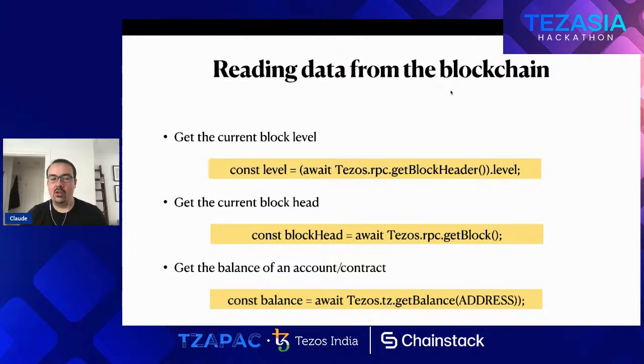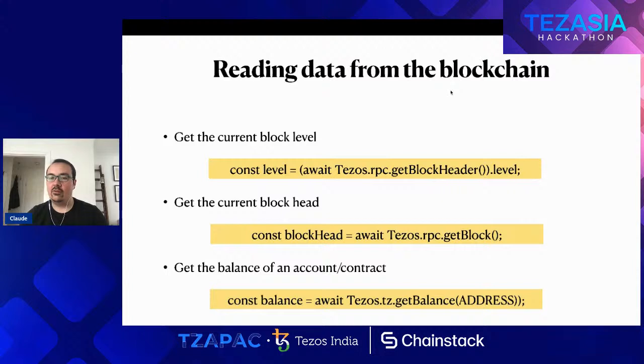For example, if you would like to get the current block level, you can use Taquito to get that information. The TezosToolkit instance has a property called rpc, and you can call a method on it called getBlockHeader, and it's going to return different information from the block header, and one of them is going to be a property called level, and that's the current level of the blockchain.